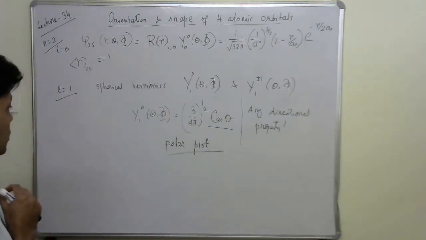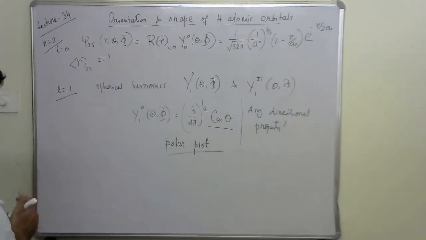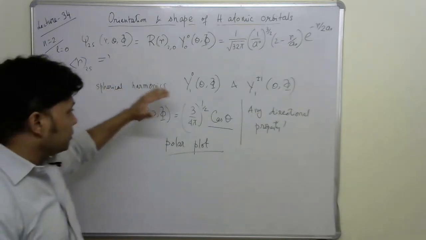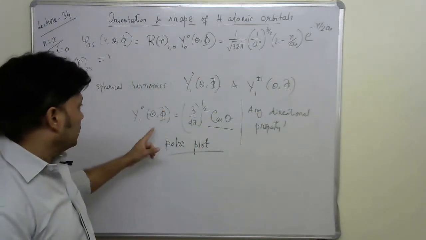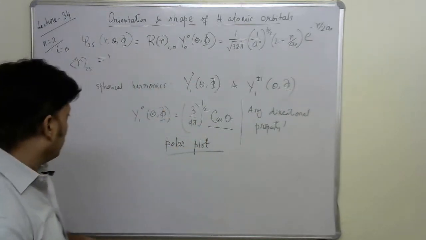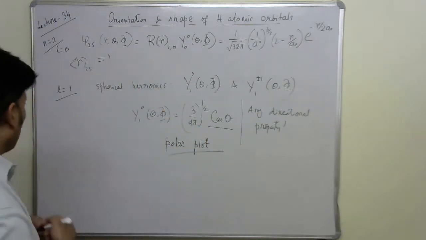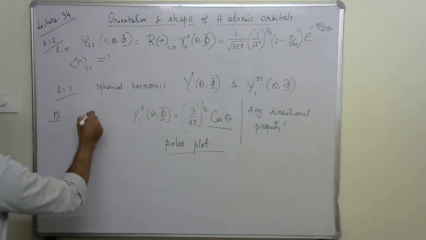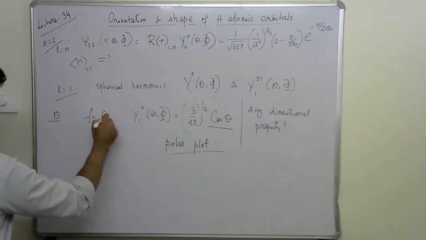To obtain a polar plot, first we have to develop a series of theta versus cos theta values. So here we make a table: theta value first, and then f is equal to cos theta value.